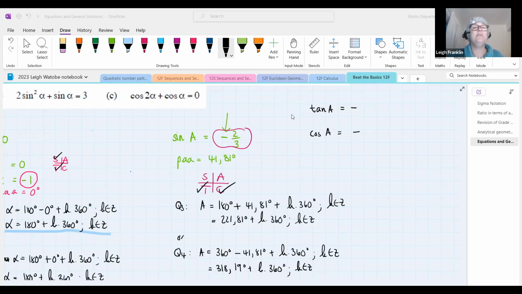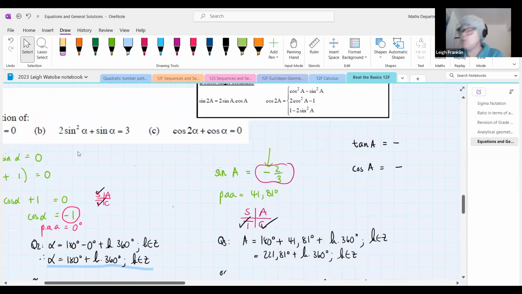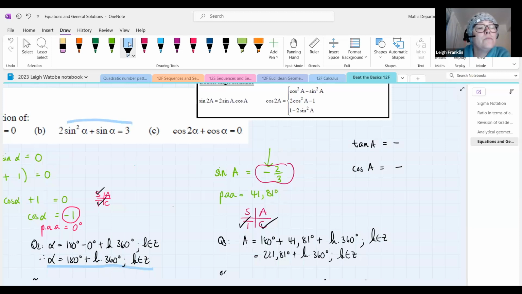Yes, let's have a look at question B now. Let's have a look at question B. Okay, so that's this one over here. Again, they've asked us to do a general solution. Okay, so let's go down here.